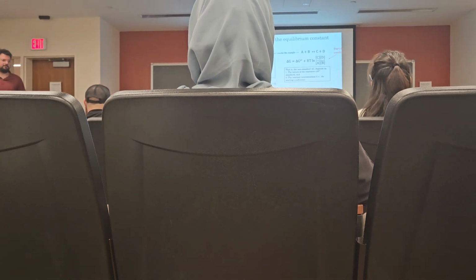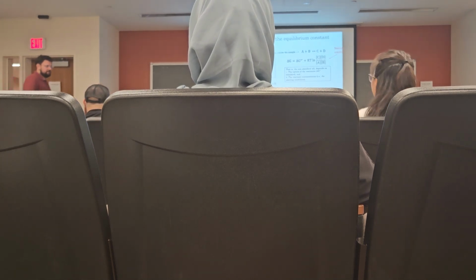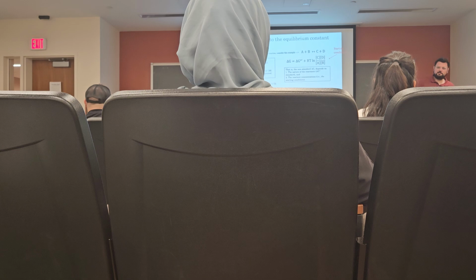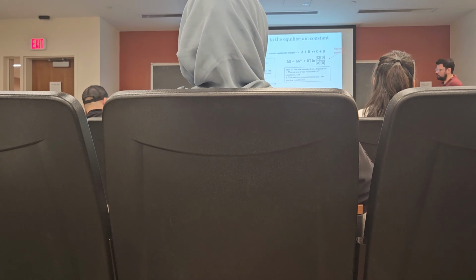What else? Okay, yeah, not at 1 atm, not at 1 molar. This is all correct. There's one other problem. What temperature are we at? 37, right? So we can't use delta G naught prime because we don't exist under standard conditions.